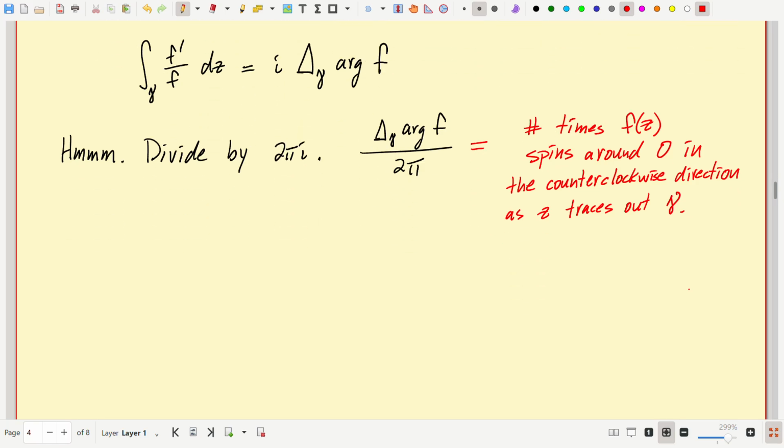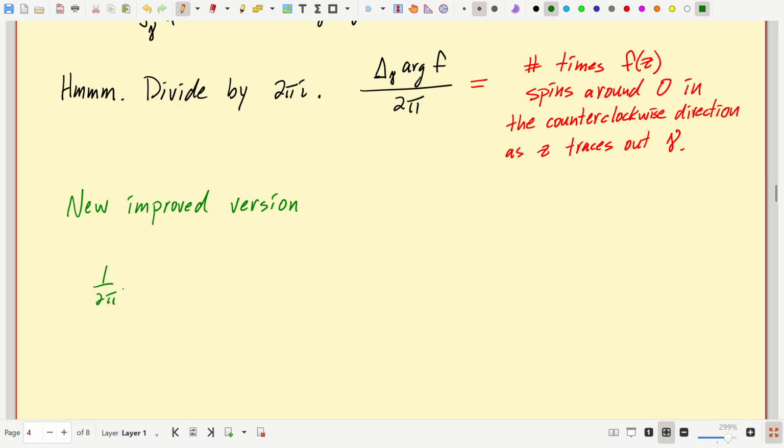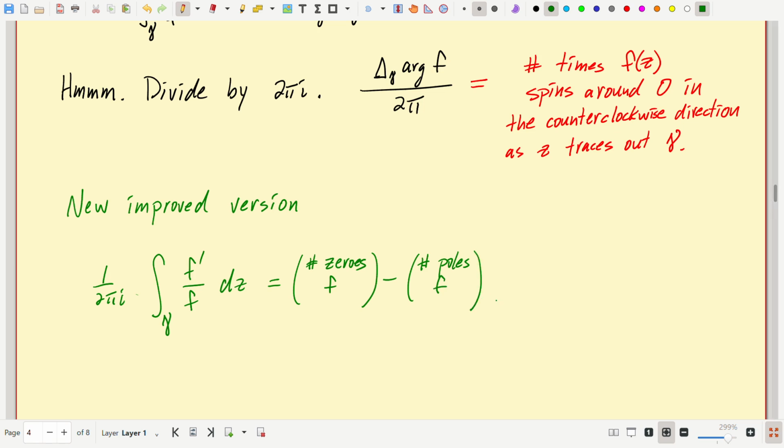Okay, so a fascinating thing now. Here's the new improved version. 1 over 2 pi I times the integral around gamma of f prime over f dz equals the number of zeros minus the number of poles, and that equals this number of times f of z spins around.